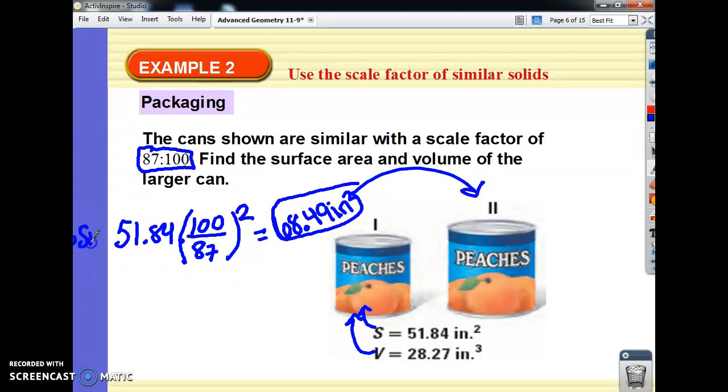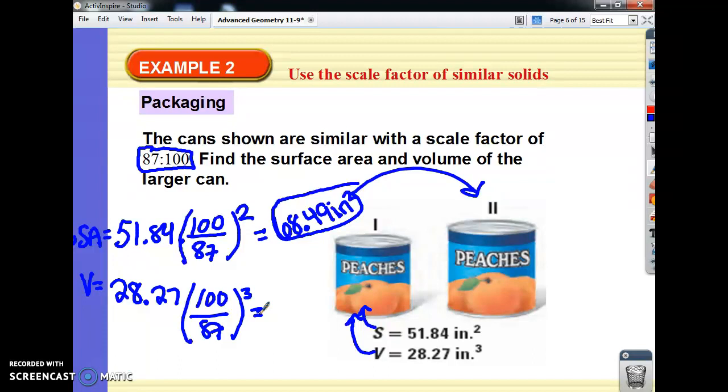All right, so now let's look for our volume. The volume of the smaller one is 28.27, and we need to multiply by our scale factor cubed. So just pick up your calculator: 100 divided by 87 equals, cubed, times 28.27 equals, and I got 42.93, and that is in inches cubed.